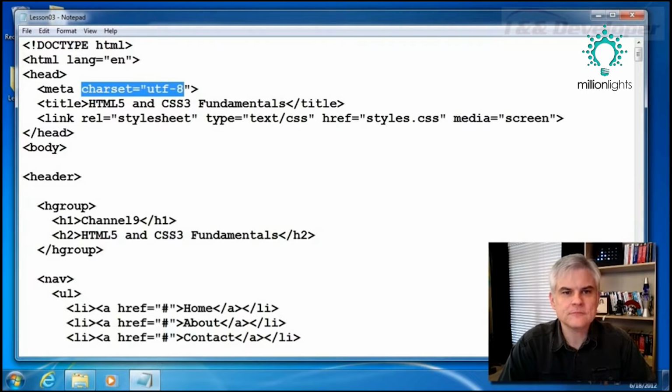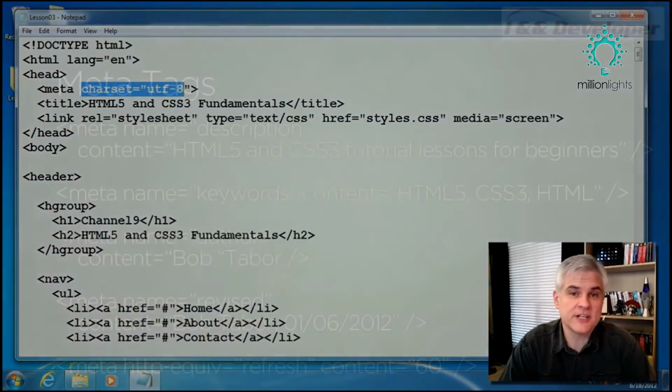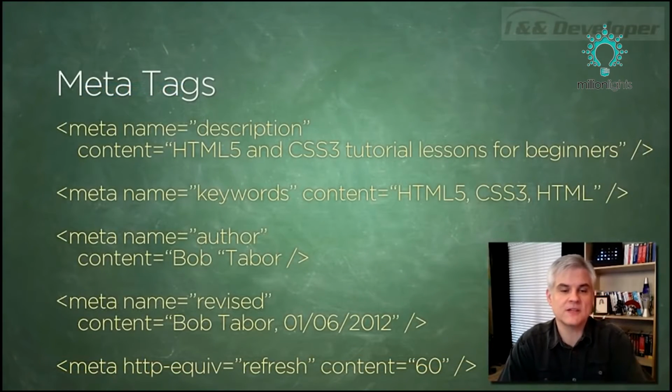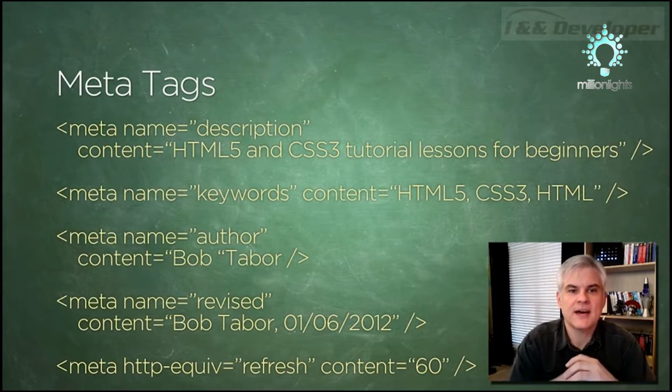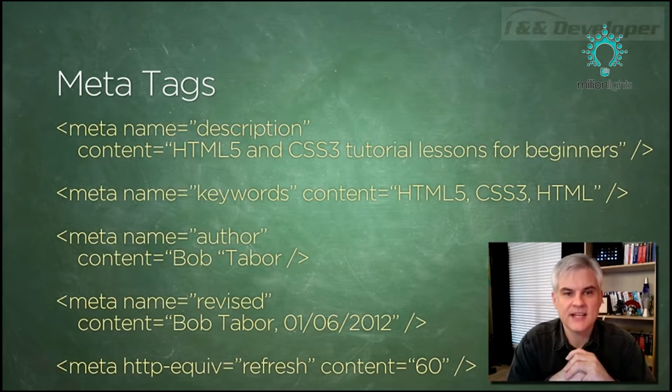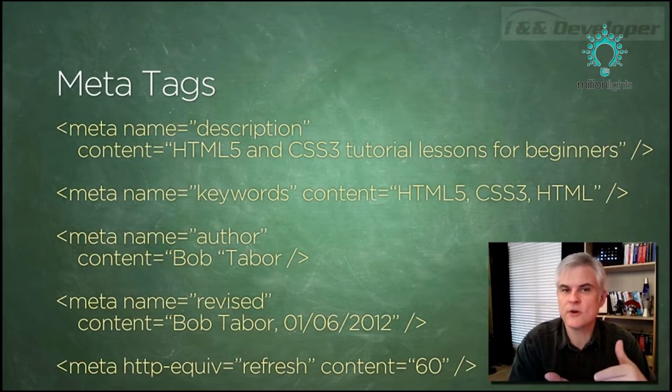Okay, so what other types of meta tags could be added instead of or in addition to the charset UTF-8? We'll take a look on screen. I've got a couple of examples here. We have a description, keywords, an author, a revised, and then also a refresh. And so some of these are used purely for SEO purposes.